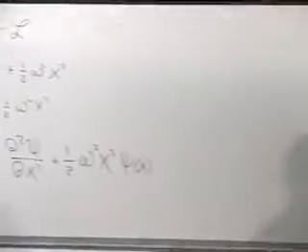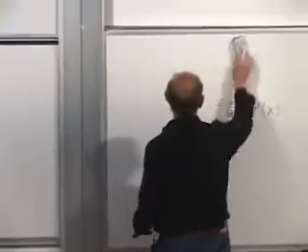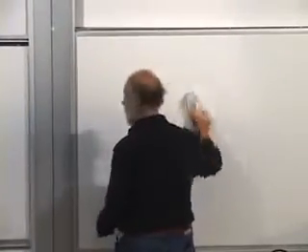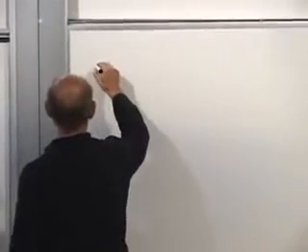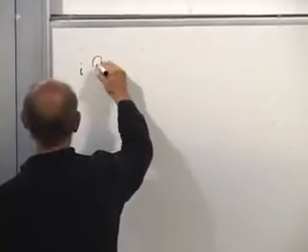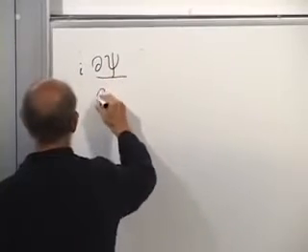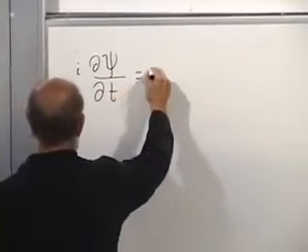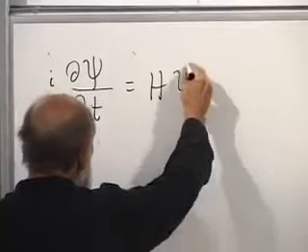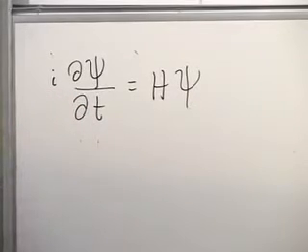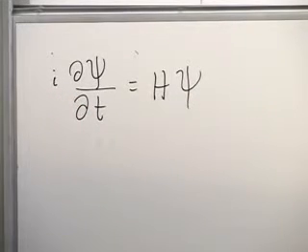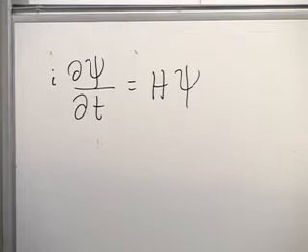The Schrodinger equation is i d psi by dt is equal to H psi. That's essentially the definition of the Hamiltonian. Do I have the sign right? I always forget. Minus i d by dx is momentum, so plus i d by dt.